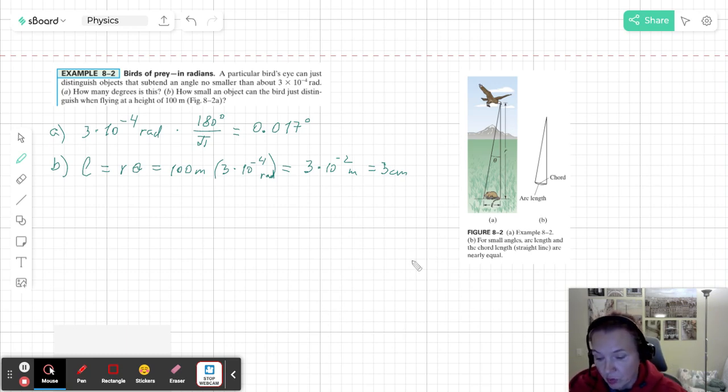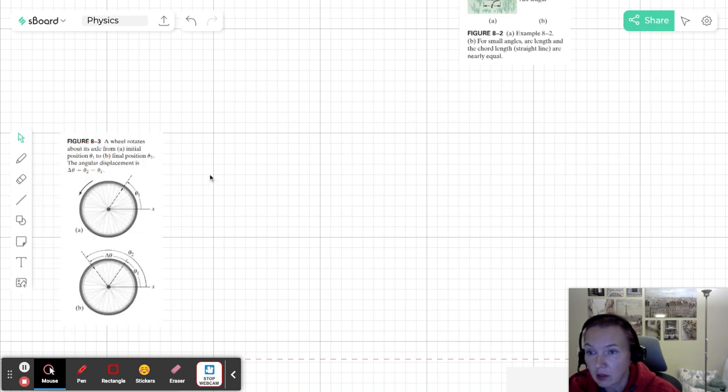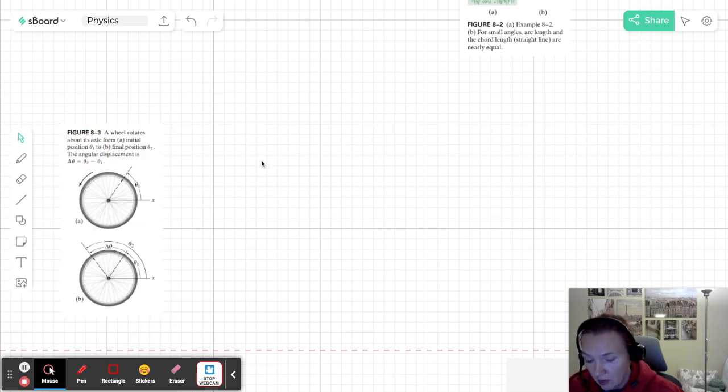All right, now to describe rotational motion, we need to make use of angular quantities as well. For example, we will look into angular velocity and angular acceleration. Let me open up this diagram here so that we can look at the wheel. So we're going to look at this object here.